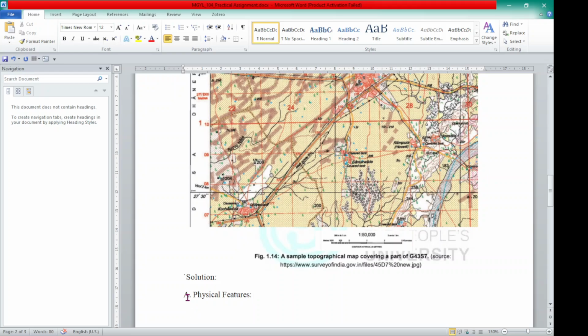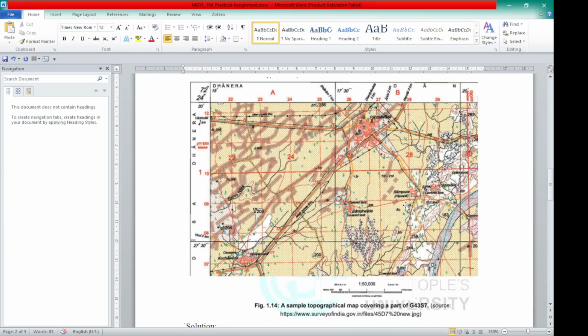Now, what are the physical features that we are interested in? The first thing that we are interested in is spot heights. So we have located some spot heights. How are they marked? They are marked with these points. I think they are triangle points.